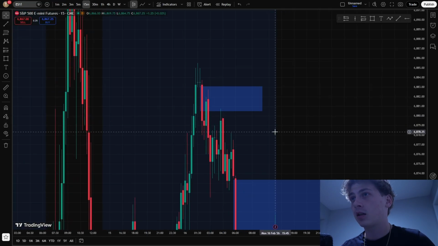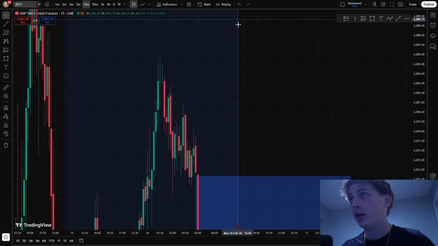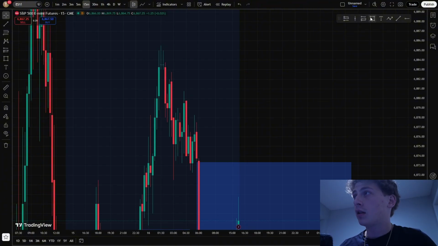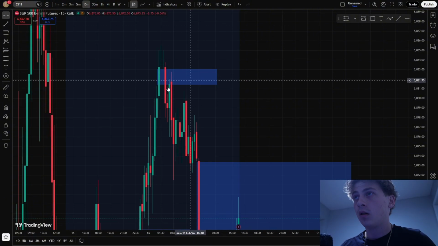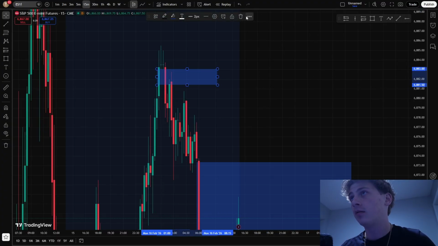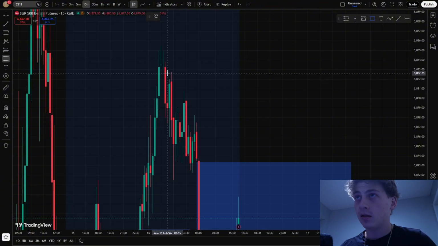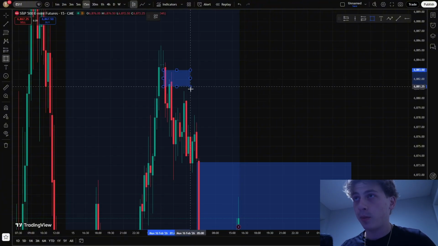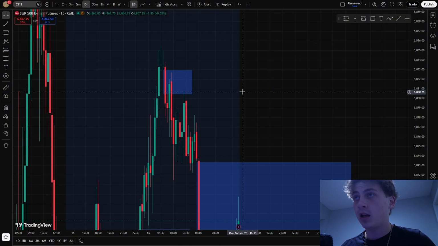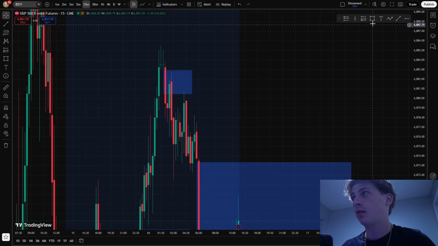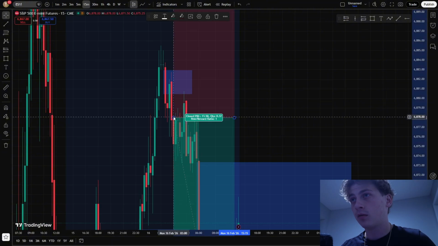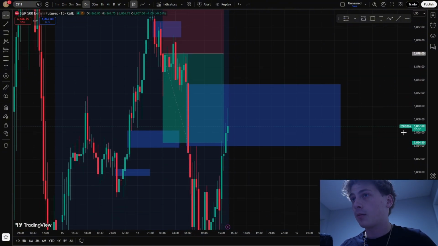As you can see, this one, another good setup here. You can see we get the IFVG right here, because this fair value gap gets disrespected by this candle. Price then creates this bearish fair value gap, and we come up and we respect it. So what does that mean? We are going to enter a short position, right? Look at this, guys.